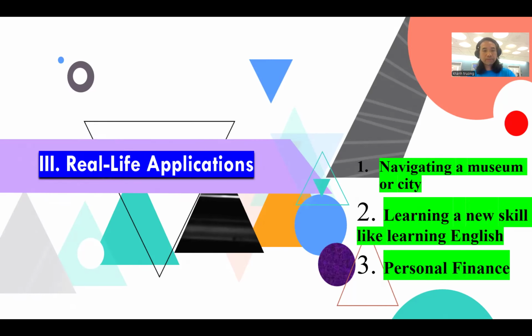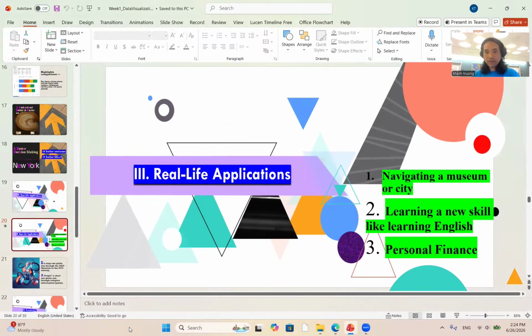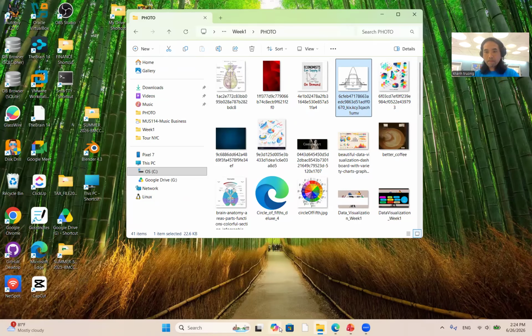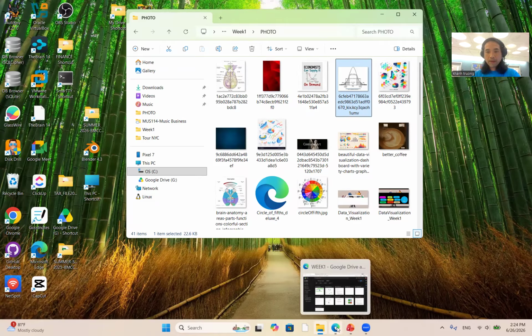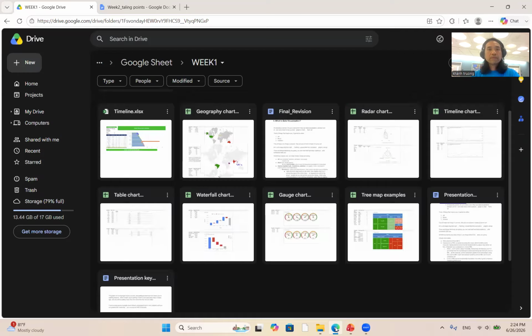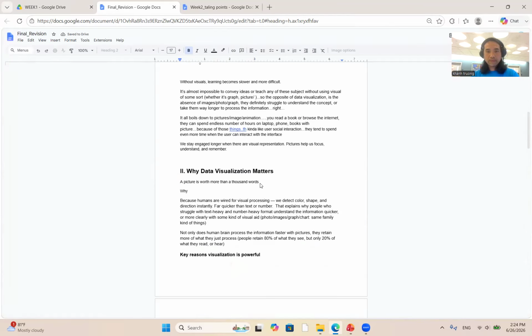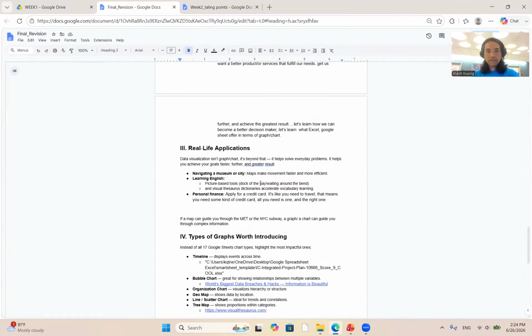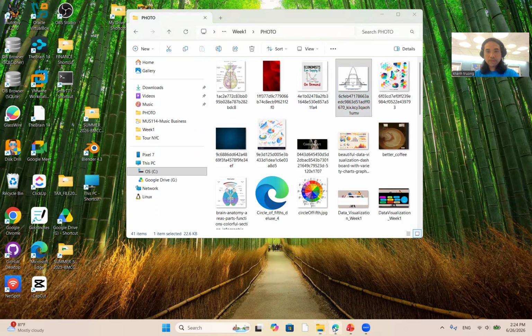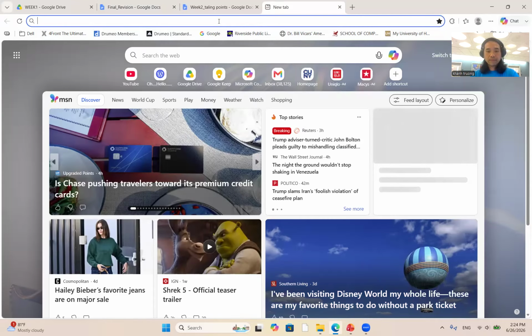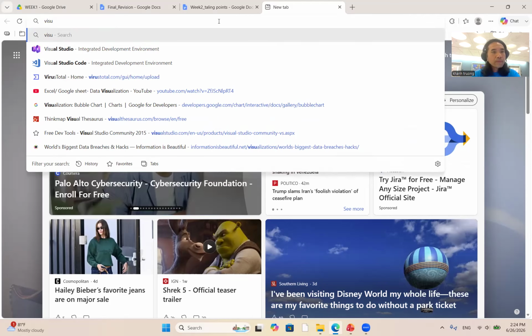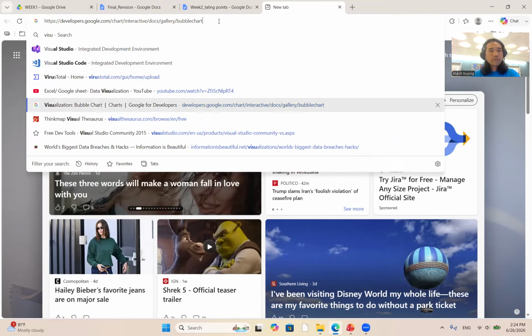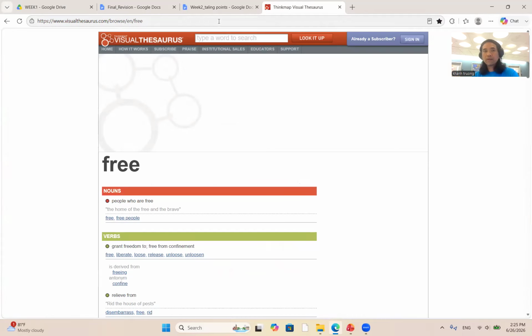How? Let's say I have a very good classic example of... where is it? Visual. Right here, this is actually an online dictionary, okay?